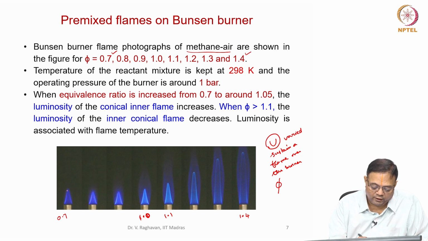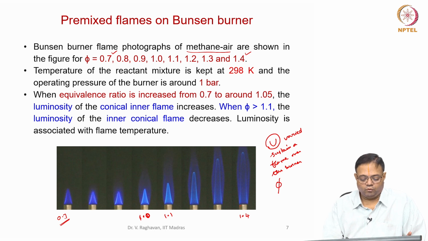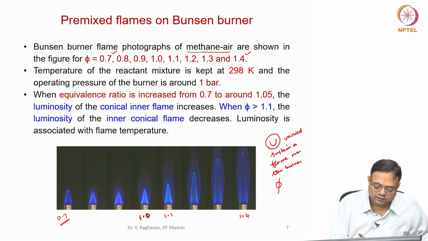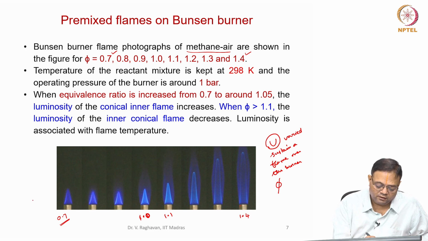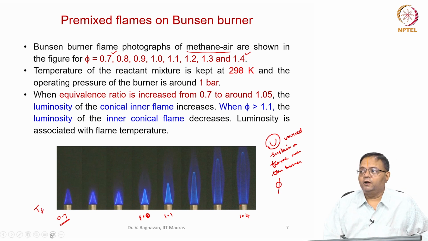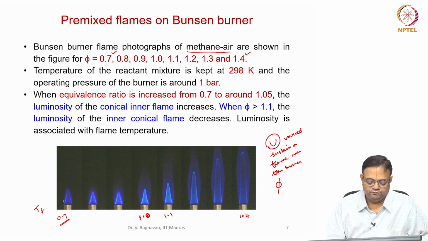You can see that only the cone is seen and there is no outer mantle, outer diffusion flame, because it is already lean. So, what happens? All the combustion is almost complete within this, but because of the lean condition, the flame temperature is expected to be lower, because additional nitrogen and additional oxygen are there, they absorb the heat, and the flame temperature decreases. So, the intensity of the flame, the brightness of this blue color, is reduced, and is seen to be dull.